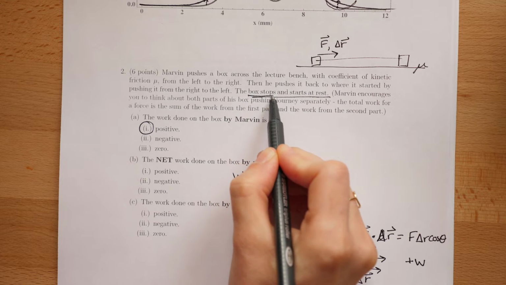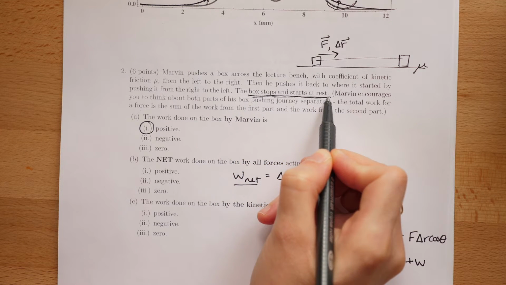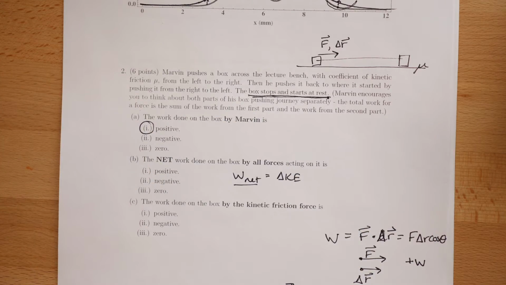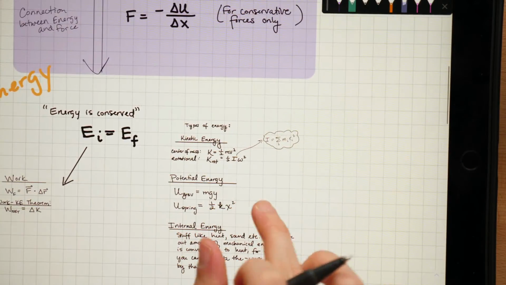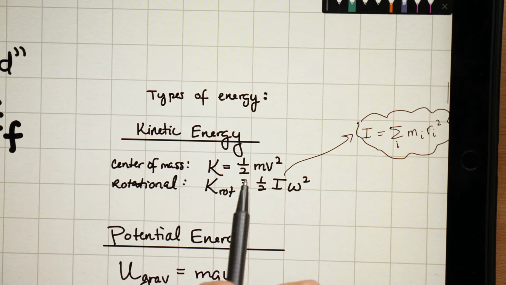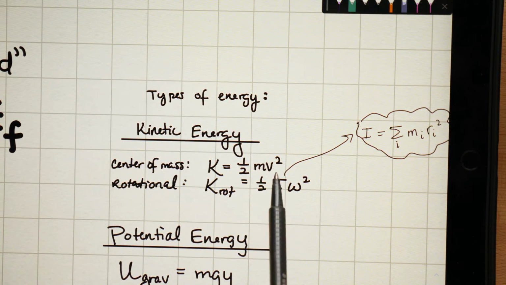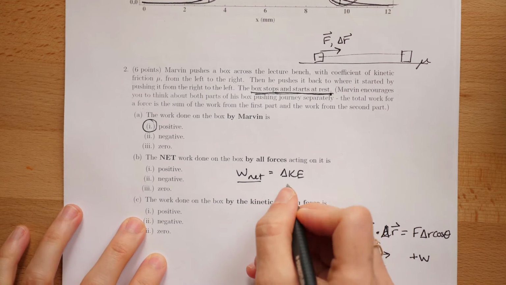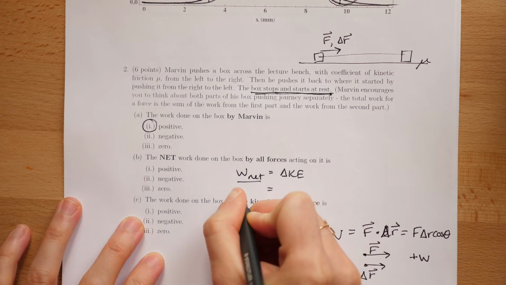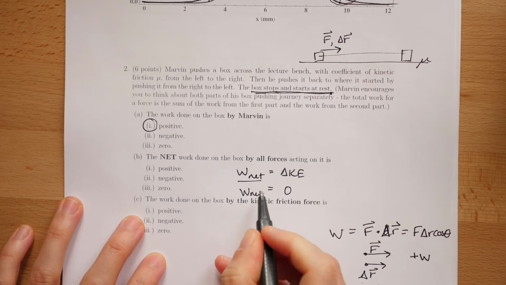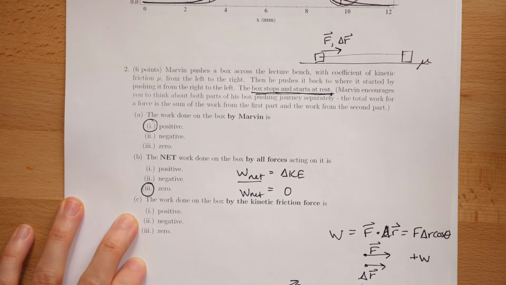Yes, we know that the box stops and starts at rest. So that means that the kinetic energy, which is given by 1/2 mv squared, if it stops at rest, that means v is 0 for both the initial and final kinetic energies, which means that the total change in kinetic energy is 0. So that tells us the net work done on the box is also 0.